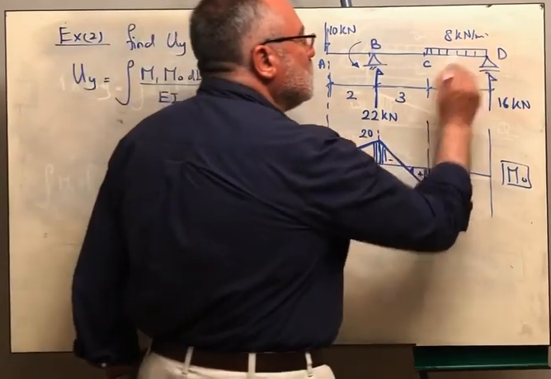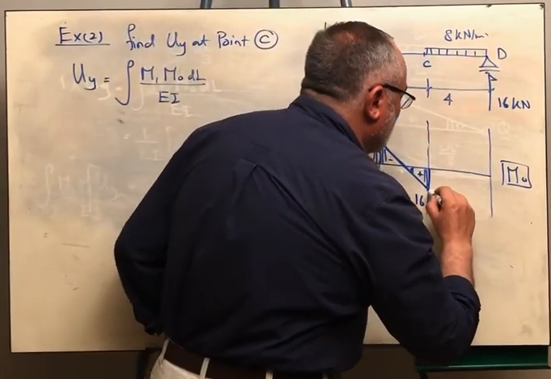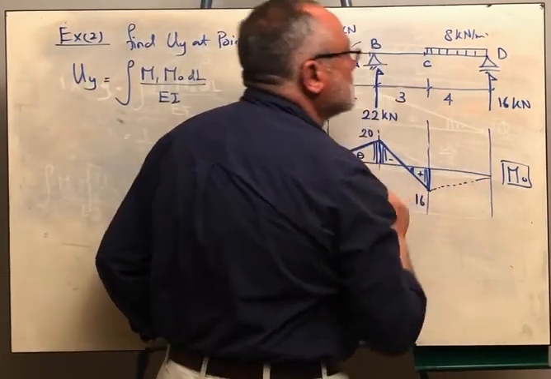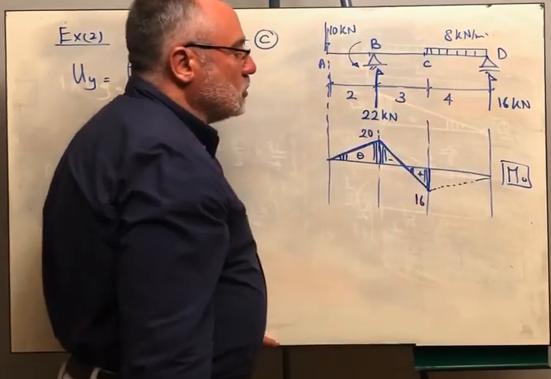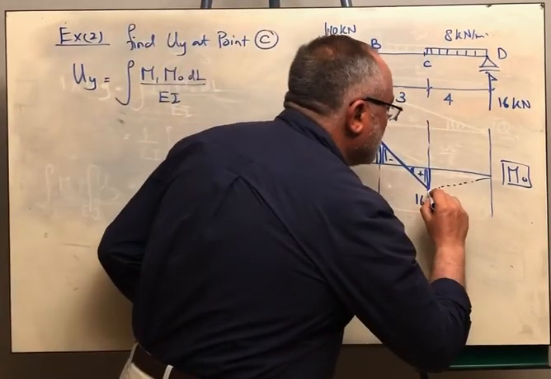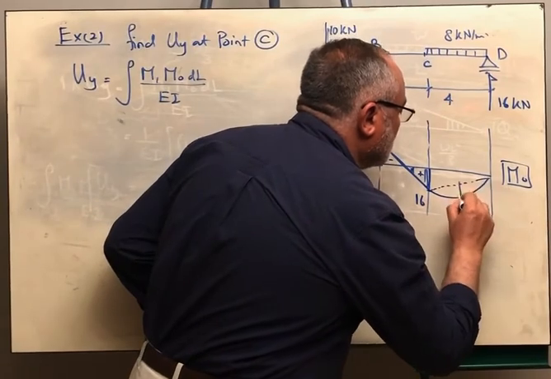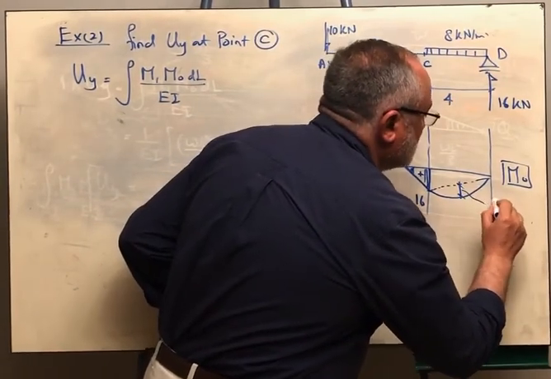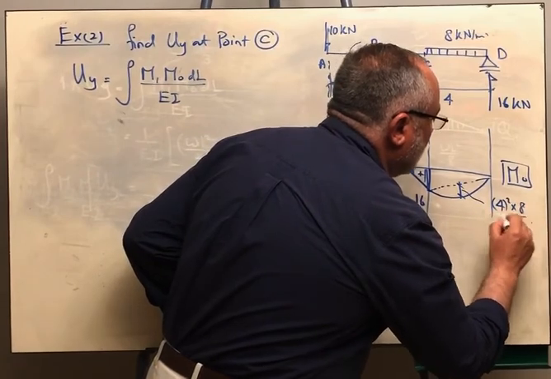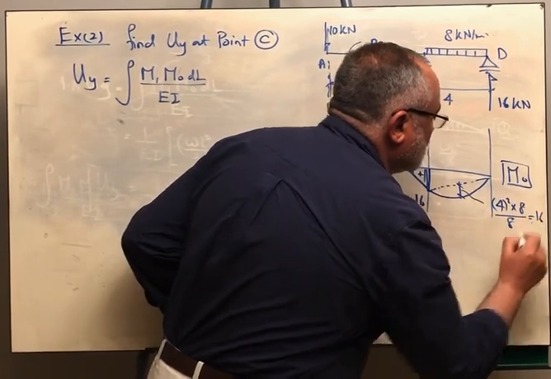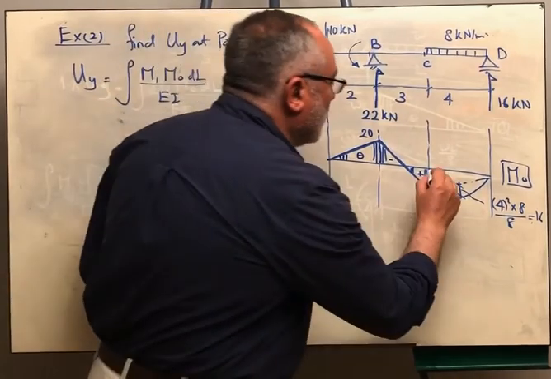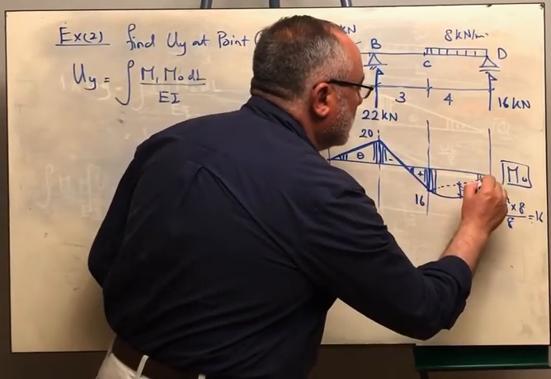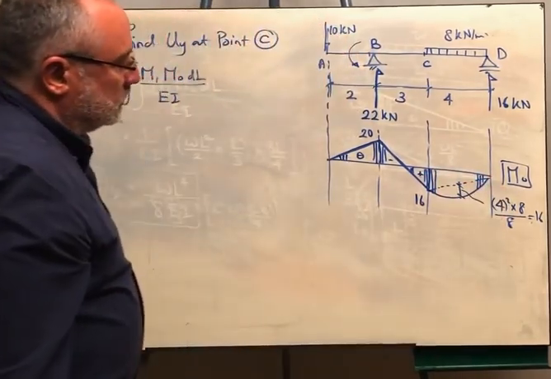Now we know that the bending moment at point D is equal to 0, so we are going to connect this like this, and we are having a distributed load. So we are going to suspend here a parabola. The magnitude of the parabola is 4 square multiplied by 8 over 8, which is 16 as well. Now we are having, this is the shape of the bending moment M naught.